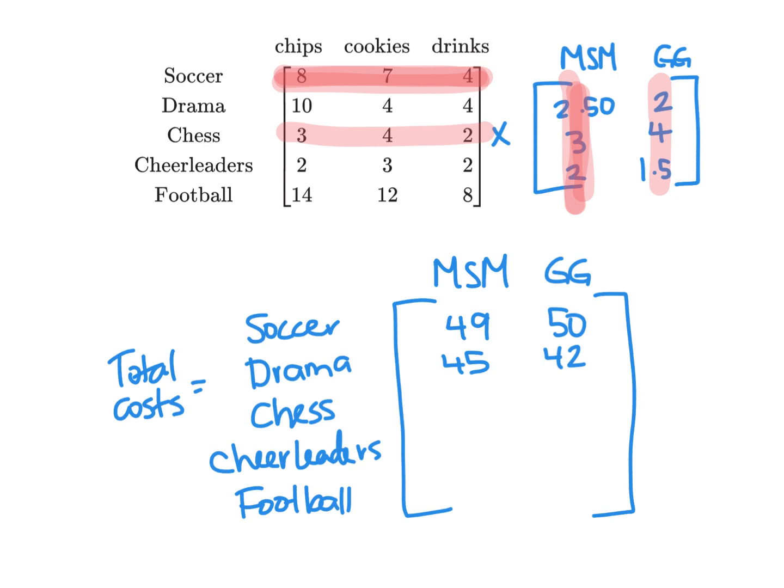So for chess, our total ends up being $23.50. Okay, and then we're going to do this again, but at Grandpa's Grocery. So we're going to go this row times the cost at Grandpa's Grocery. So 3 times $2 plus 4 times $4 plus 2 times $1.50, and we get $25.